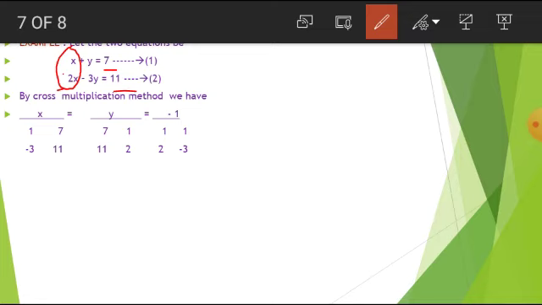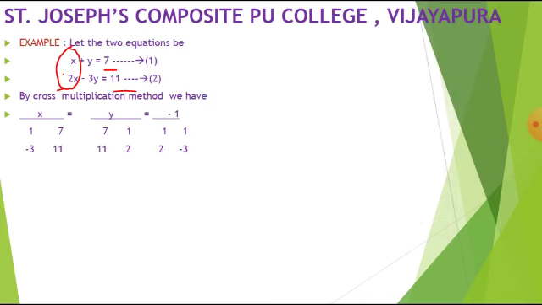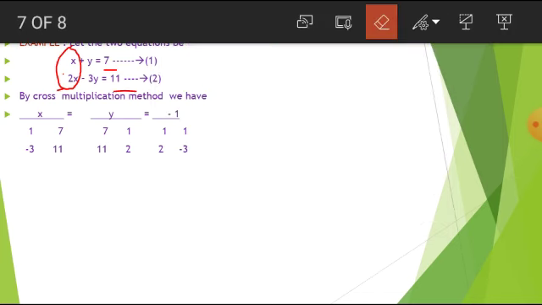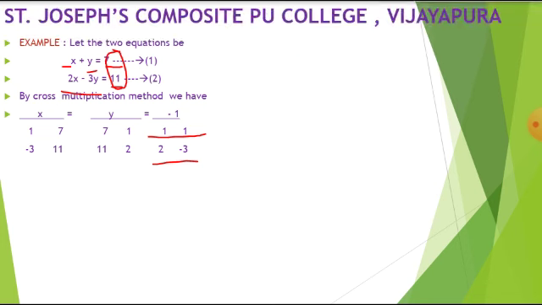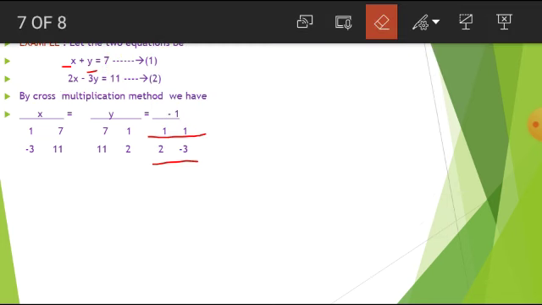So minus 1 divided by, now leave the constant term, you will get 1 1, here 1 1, next 2 minus 3, 2 minus 3. This is how to take it in the easiest form.